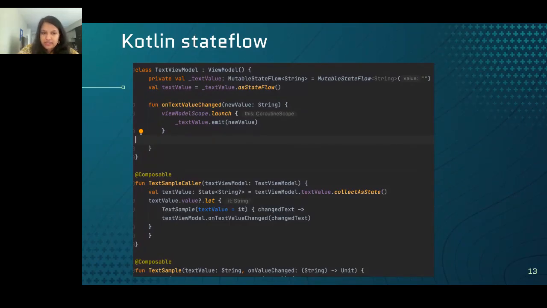Now, again, a couple of things to remember. Compose automatically recomposes when reading these kinds of state objects like state flow, which is why when we use something like live data, we first have to convert it to a state object by calling observe as state before being able to read the value in a composable, so intelligent recomposition can happen.